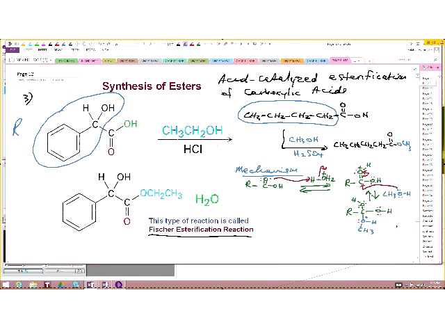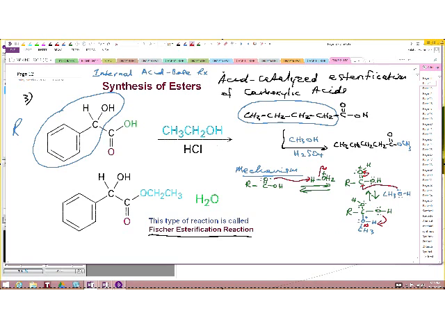Okay, so now the next thing that happens, we are going to have what we call an internal acid-base reaction, or intramolecular acid-base reaction, in which we are going to transfer this proton to this oxygen here. So this pair of electrons here will grab the proton and release this pair of electrons to oxygen.